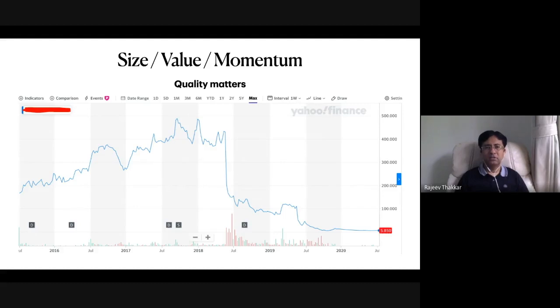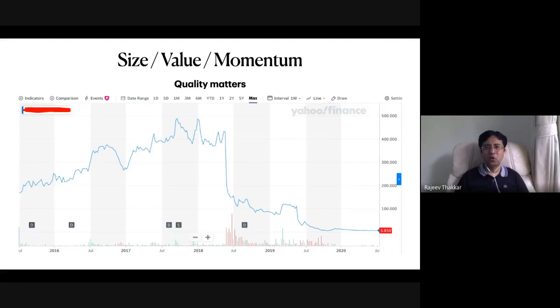The stock seemed to have positive momentum, maybe some traders and momentum investors would be buying it, and then you see a sudden steep decline. Why did that decline happen? It was not due to any macro factors. It just turned out that the company was fraudulent, and you can see that the company had a vertical fall, and it was actually circuit to circuit.